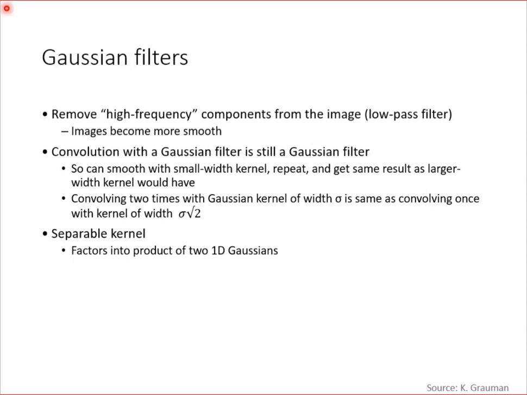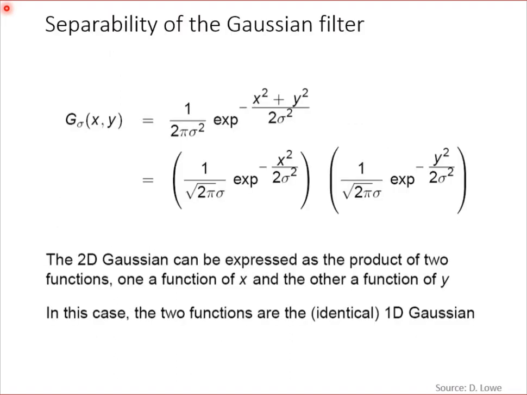And the Gaussian filter is a separable filter. It can be separated into 1D filters. This is the mathematical definition of the Gaussian filter, and it can be the product of two Gaussian filters.